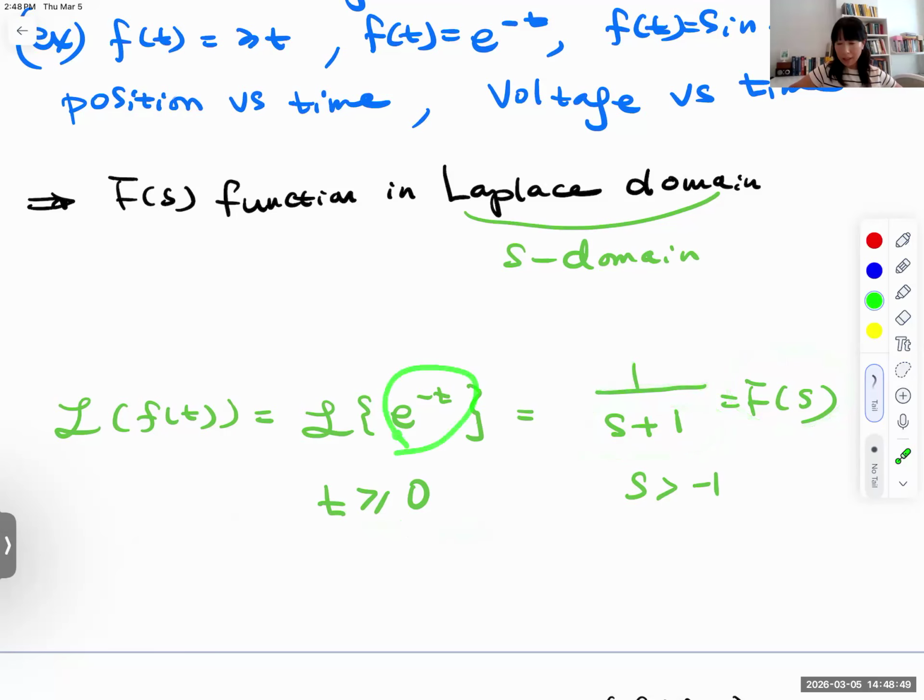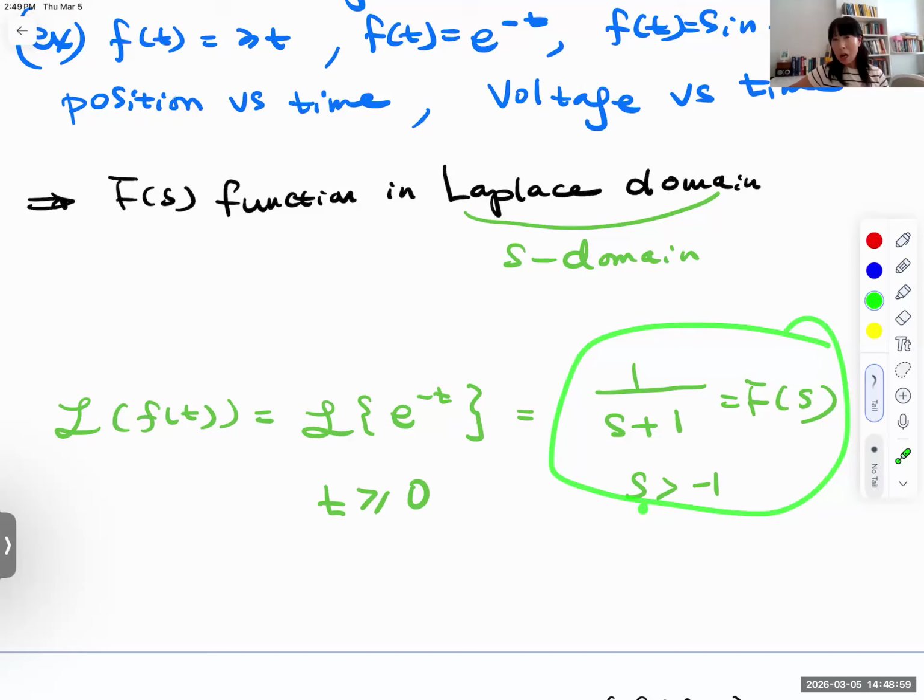Then in that case, as I told you, t must be greater than or equal to 0, right? But in that case, we don't want undefined, yeah? And we don't want negative, so we want to make s bigger than -1.